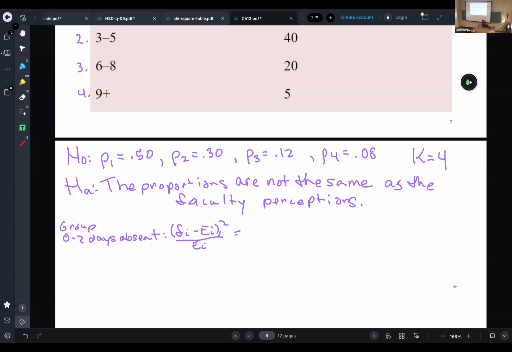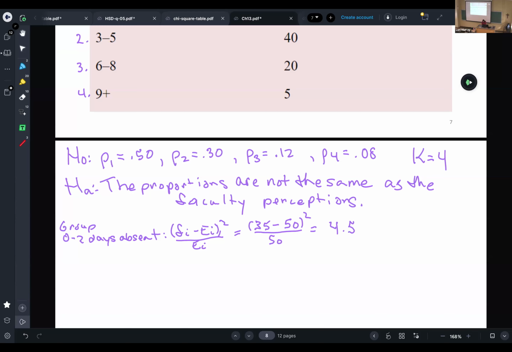And the contribution for group 1 is 35 subtract 50, squared, divide by 50, because the frequency observed was 35 students, but they expected 50% of the students, 50 students, right? So the contribution for that 0 to 2 days is 4.5, the contribution to the chi-square.